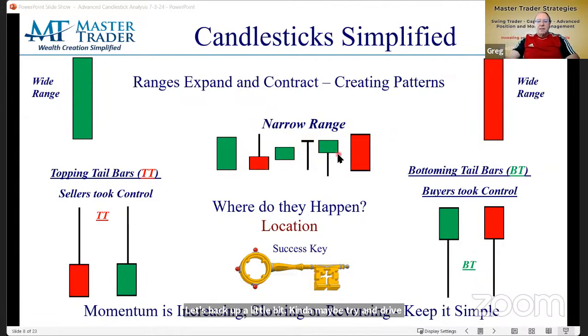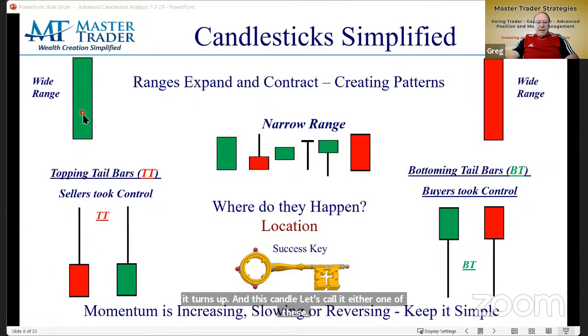You're in XYZ and you're long and you're waiting. And here's this red candle right here. Maybe you start to get a little nervous because it's a red candle. Well, red candles are bad if you're long. Maybe. And now it turns up, and this candle, let's call it either one of these, right? As this is forming, I take this green candle and I drag it over here.